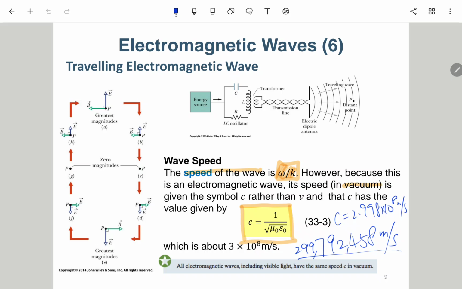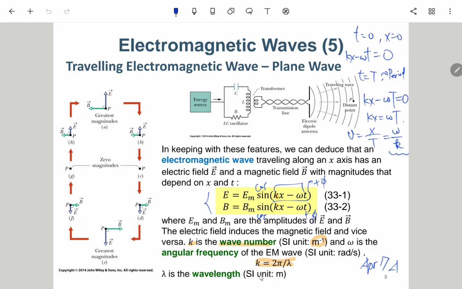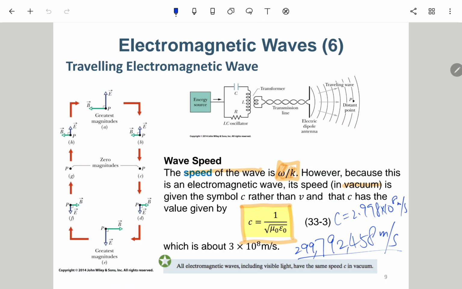And actually we know that k is 2 pi over lambda. So omega over k is omega over 2 pi over lambda, which is nothing but omega lambda over 2 pi. And omega is actually 2 pi f, so 2 pi f times lambda over 2 pi.